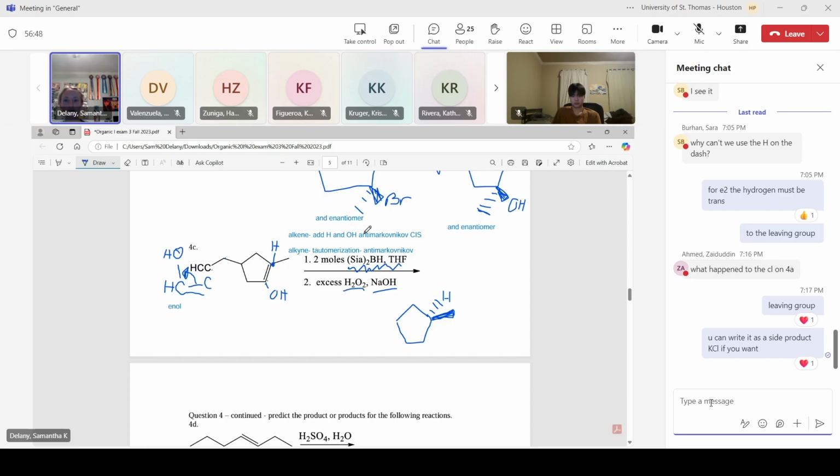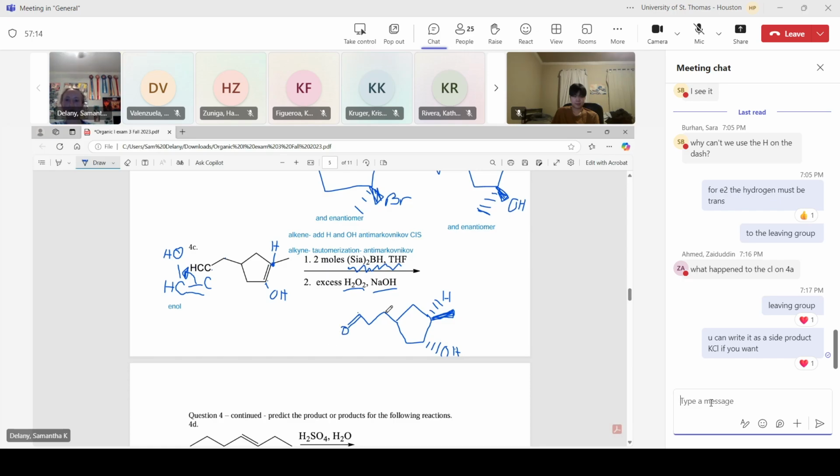But since we're adding anti-Markovnikov cis, it means that this one down here, the alcohol group, also needs to be on a dash to make it match up cis with the hydrogen we added as well. Now let's go out to the other one. 1, 2, 3 carbons. And let's add our aldehyde on the end.